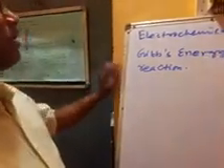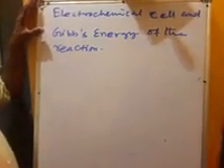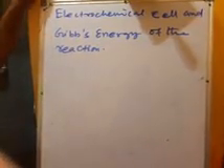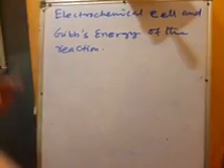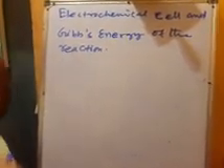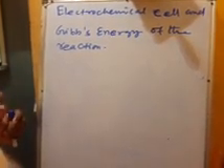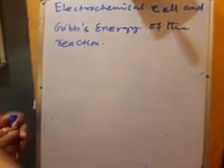Now you can calculate the Gibbs energy of the reaction from the electrochemical cell. You know, Gibbs energy is the maximum work that can be obtained from an electrochemical cell. The electrochemical cell gives potential, so by multiplying potential with the total charge transferred, we can get the Gibbs energy.